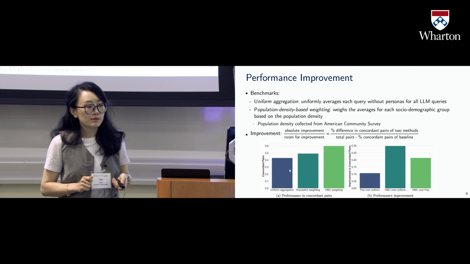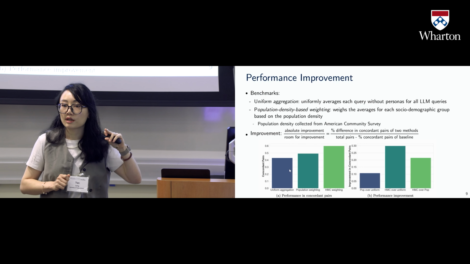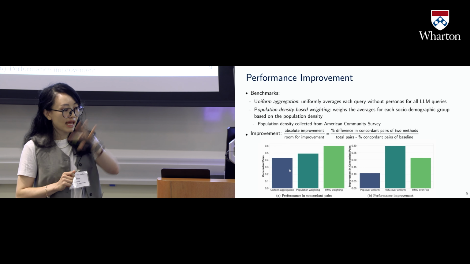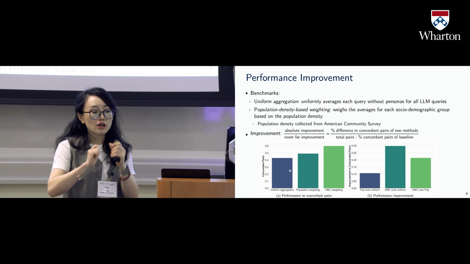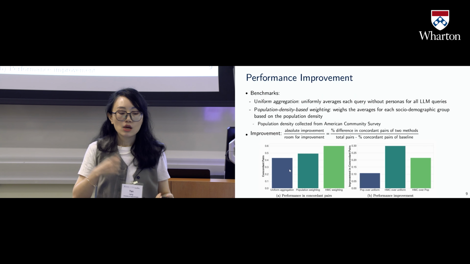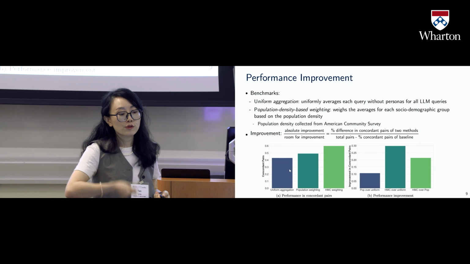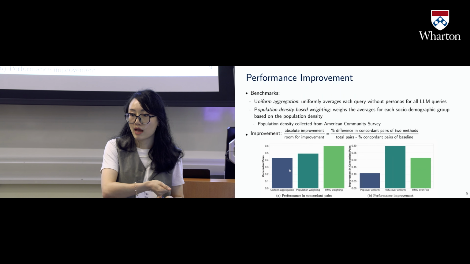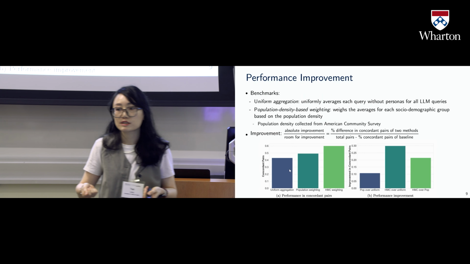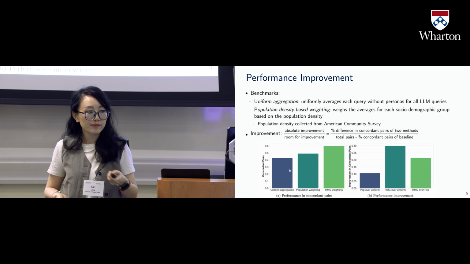In terms of the performance metric, we calculate the concordant pairs between LLM responses and human responses. And in terms of our improvement over the two benchmarks, we notice that we can improve over 30% compared with uniform aggregation and about 22% over population-based weighting.